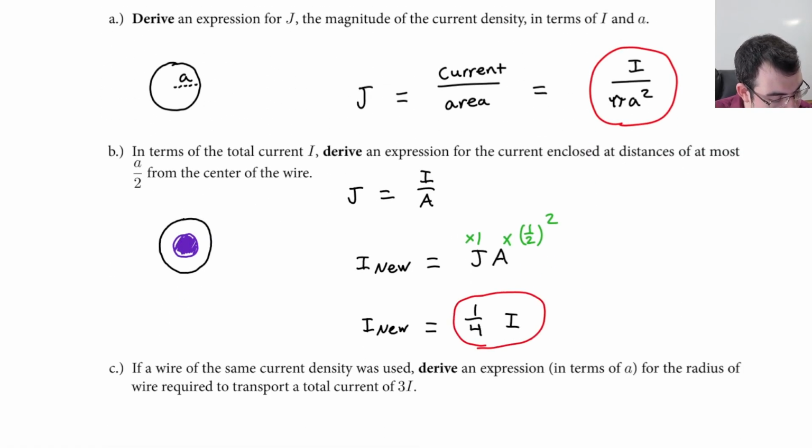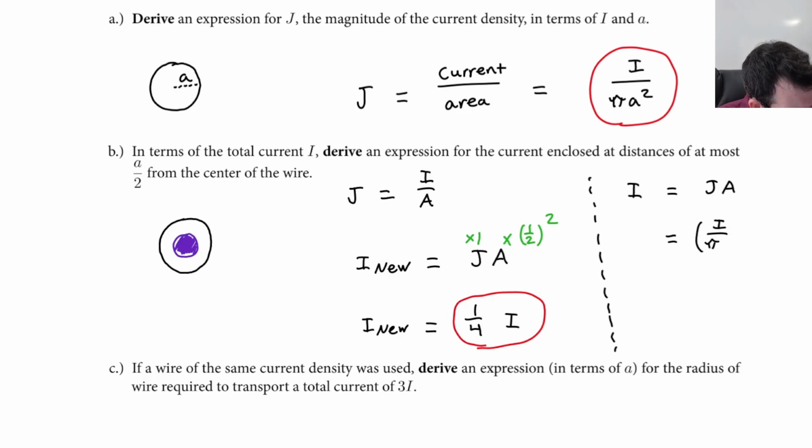Now, if you didn't want to do this with ratios, you could plug and chug. I would advise against this. I really like thinking about this with ratios, and it's good physics practice to not just be plugging stuff in. But if we use the formula I equals J times A, you could get our J from the previous part, I over pi A squared, times our area, which is pi times (A over 2) squared.